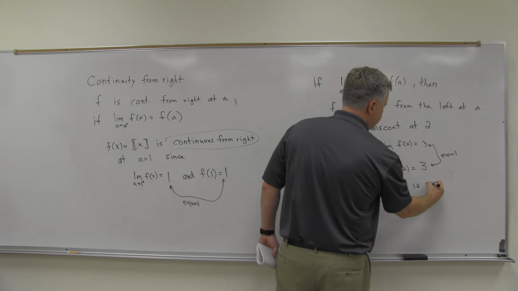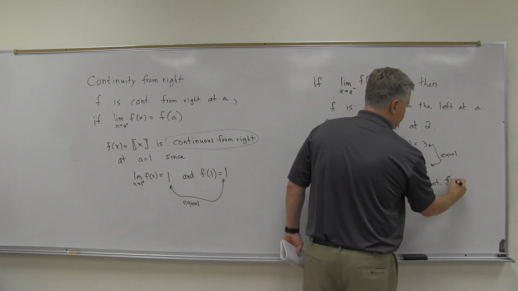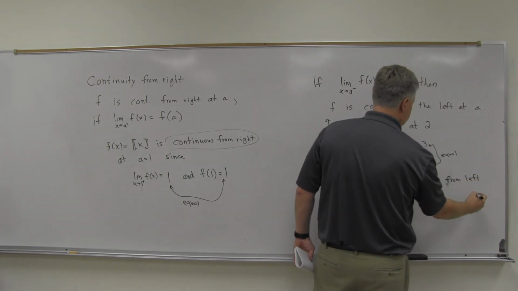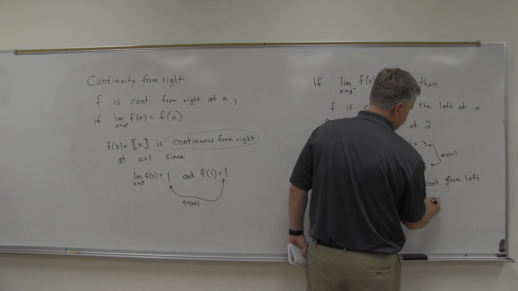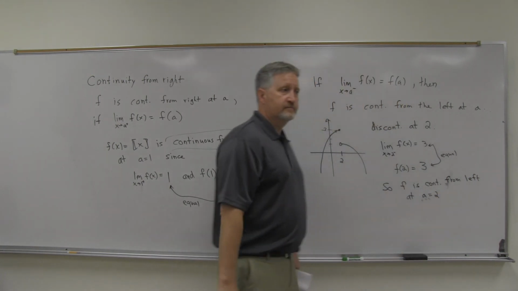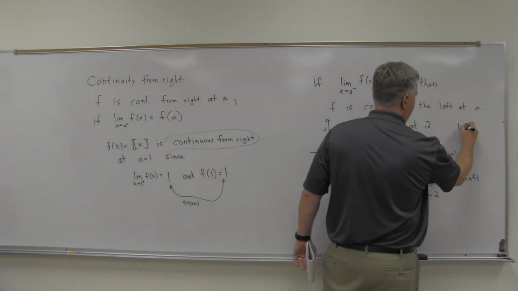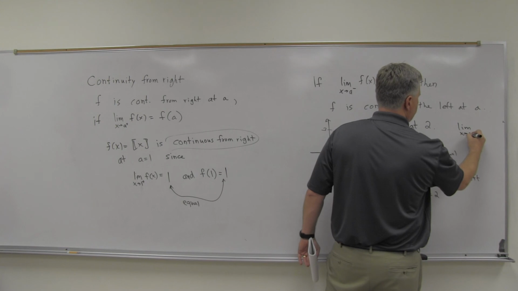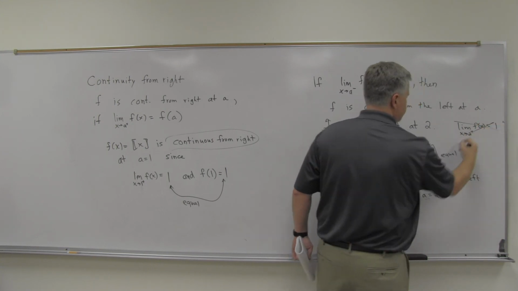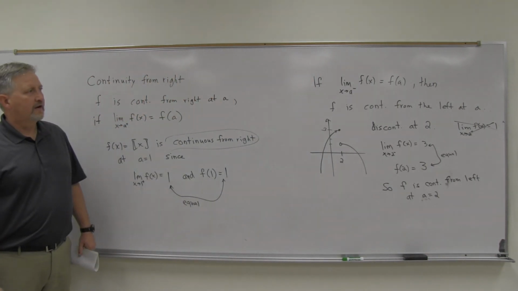So f is continuous from the left at a equals 2, or x equals 2. So it's just the reverse here. If you look at the limit from the right at 2, it's 1, so it's different than the left in the function values. All right?